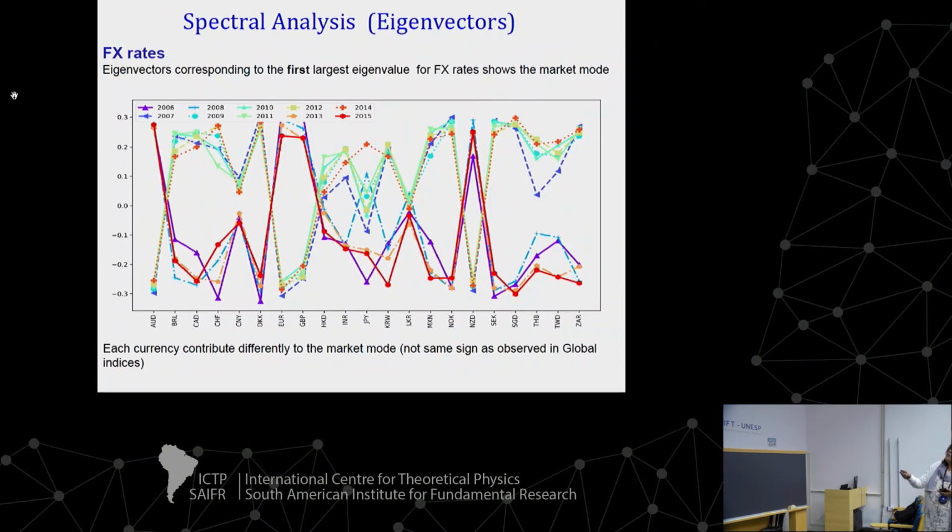So let's look at the eigenvector analysis for the FX rates. Here, notice this is the eigenvector corresponding to the first eigenvalue. Here, all the market modes are not in the same direction, as observed in the global indices.